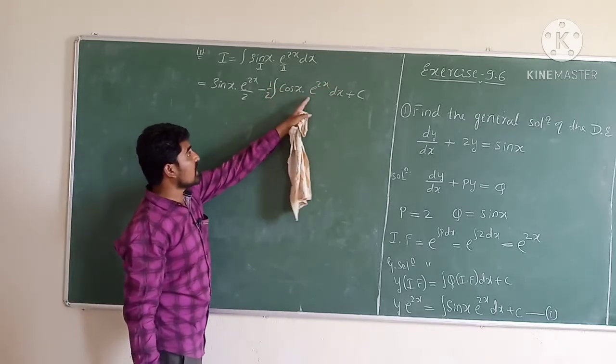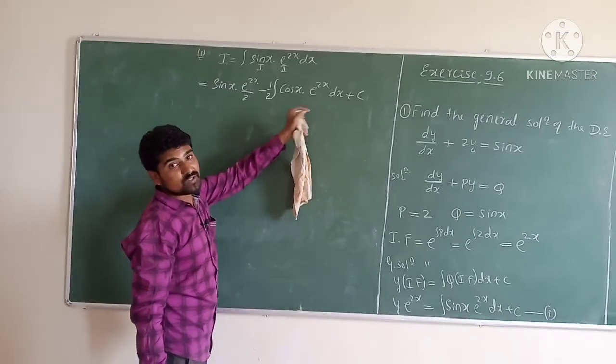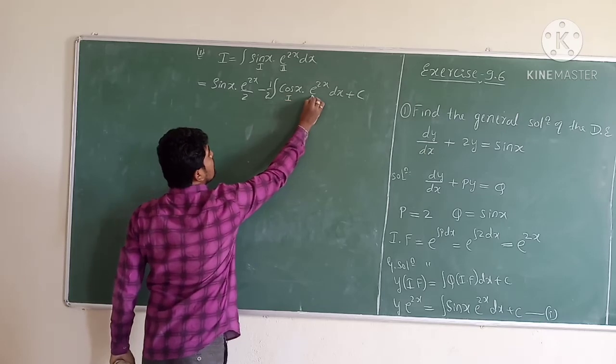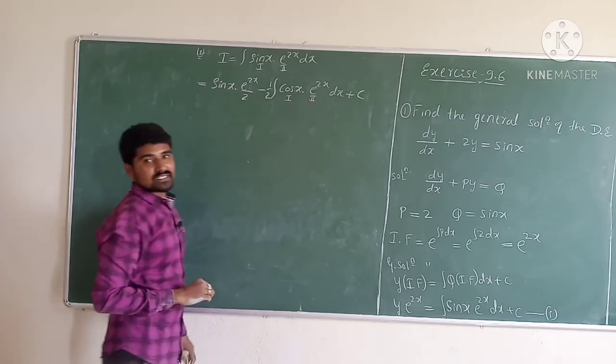Again, for the integration of cos x into e power 2x, we need to apply the parts method. For that, cos x is the first function and e power 2x is the second function.